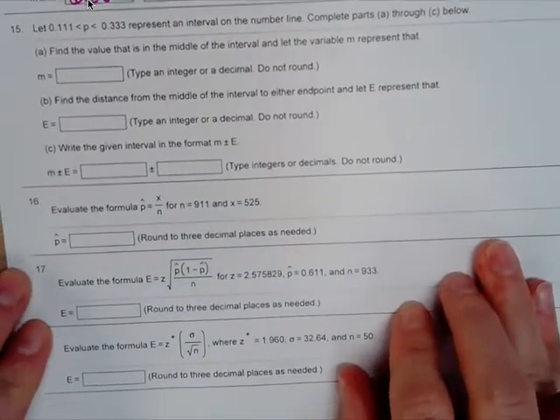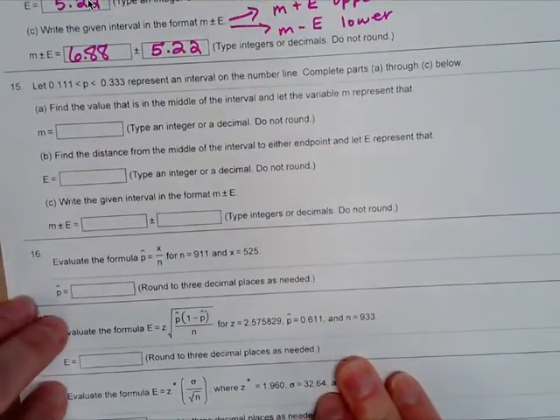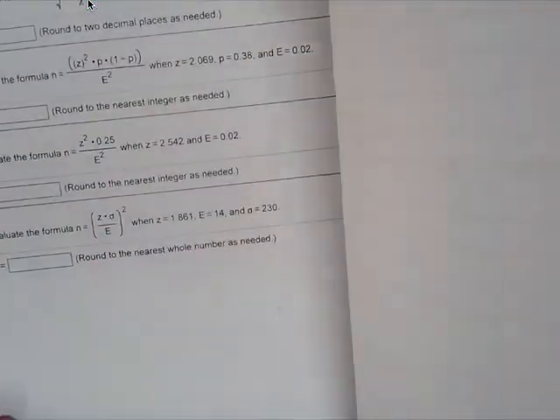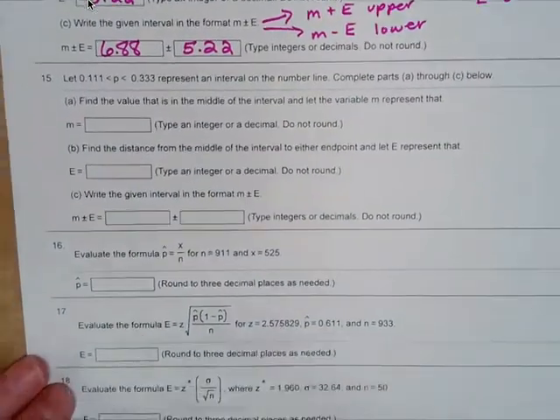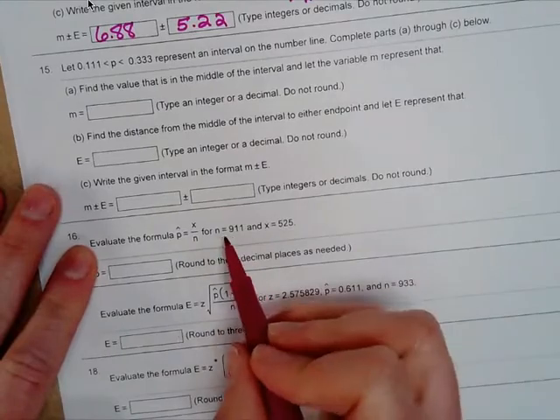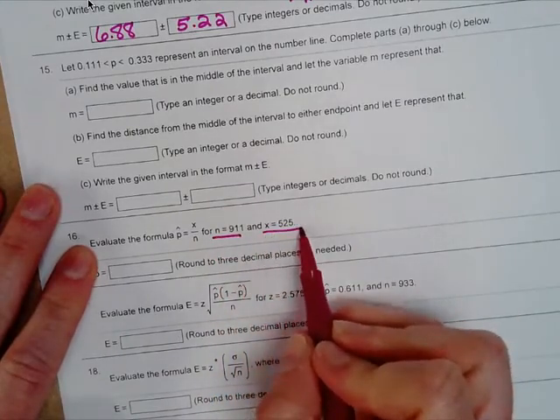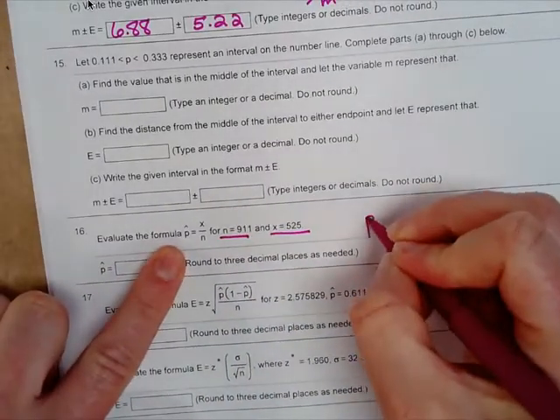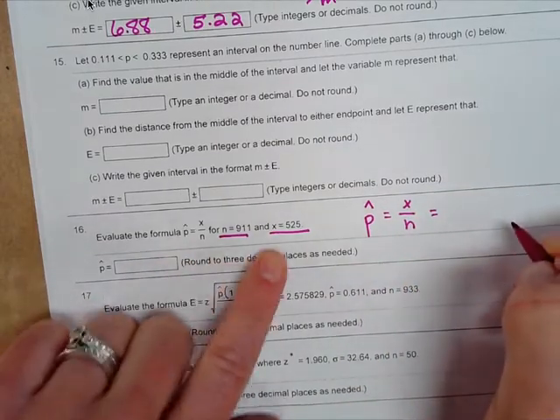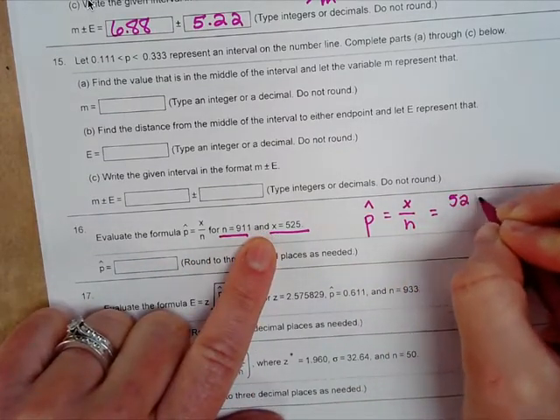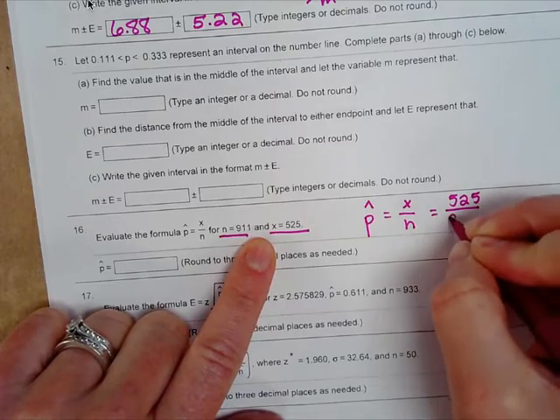Let's go to 16 through 23. It is evaluating formulas, so you are substituting in values. For this one, we have p hat is found by doing x over n. So x is 525 in this example, and n is 911.